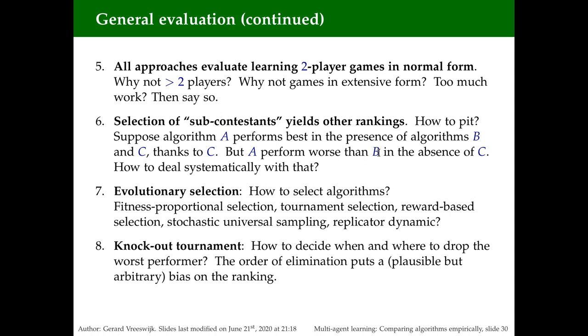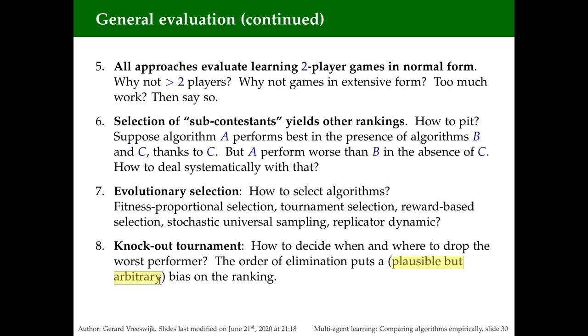And of course the order of elimination puts a bias on the ranking. The order of elimination may be wrong, and then it influences the ranking. The probability that it is wrong is small, but it is still present. So these are some of the problems of organizing tournaments among multi-agent learning algorithms.